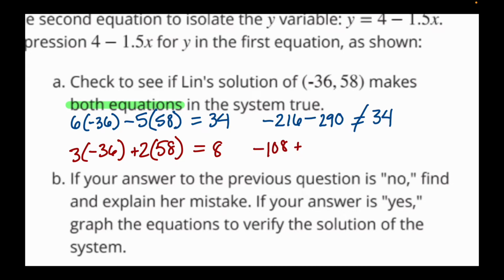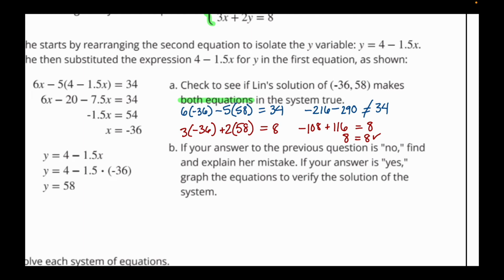And then 2 times 58 is going to give us 116. Is that going to be equal to 8? Yes. So this one would make true, but this one does not. So for the top one, we're going to say no is our answer, because it has to make both true, and it doesn't make both of them true.